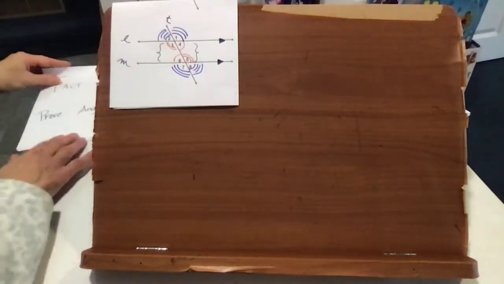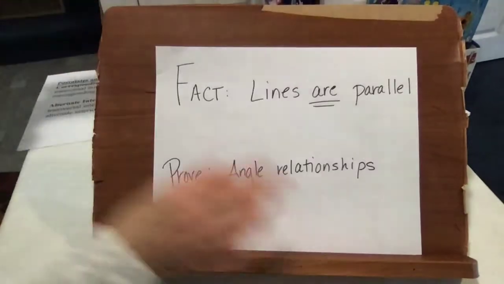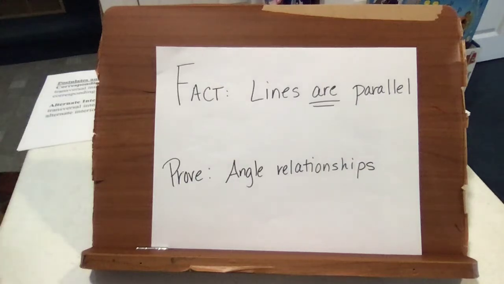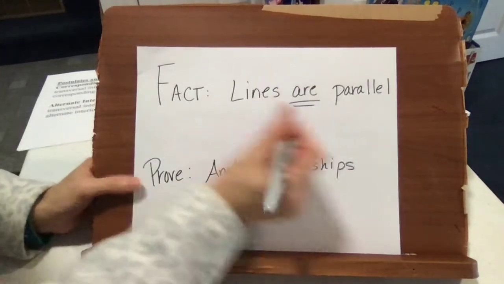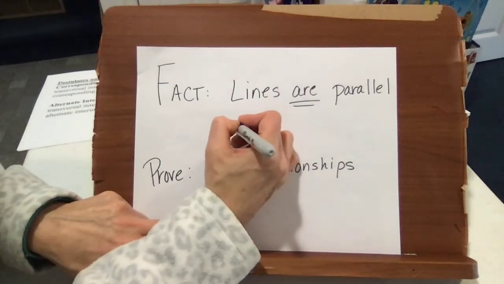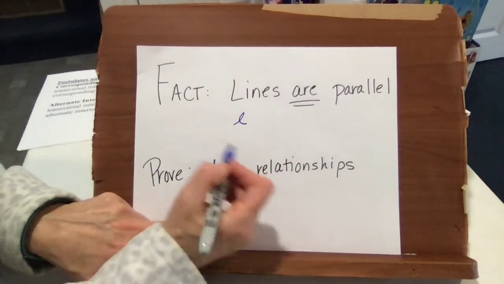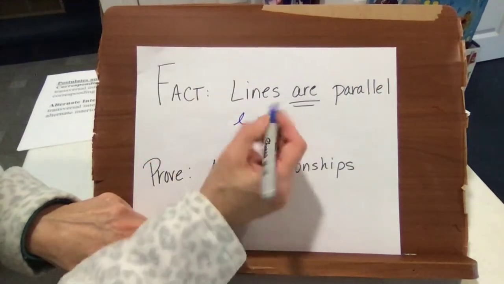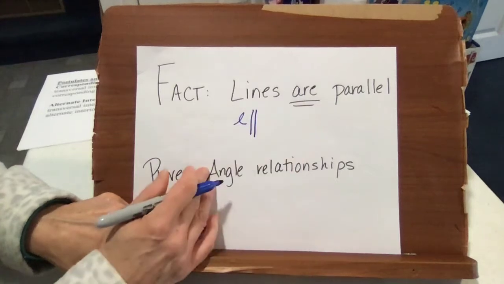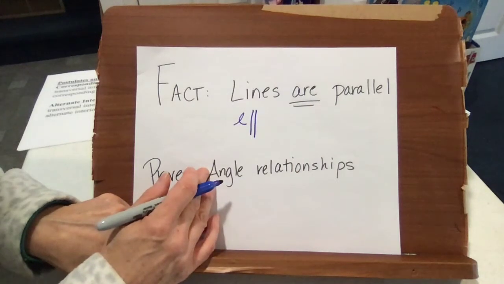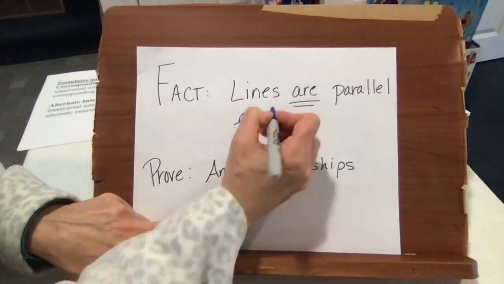All right, what we know is that this fact, our lines are parallel. We were working with line L and M. L is a lowercase script letter that depicts the name of our line if we're not doing it by points. Two elongated looking L symbols right next to each other means parallel.